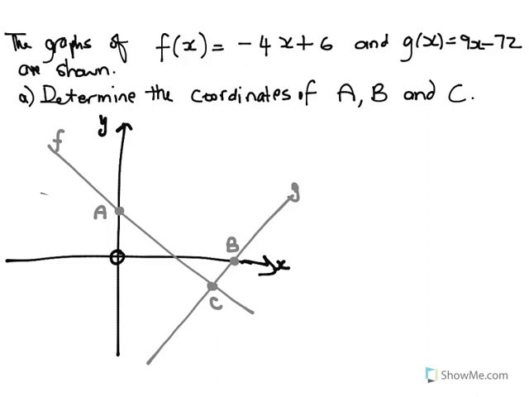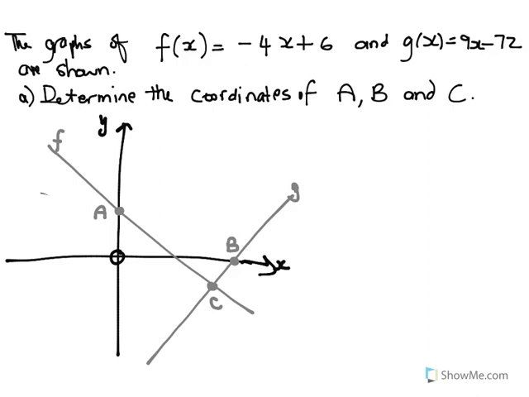And so you're asked to firstly determine the coordinates of A, B, and C. And this takes us back a bit to our section on functions. When you're asked to determine the coordinates of given points, you need to ask yourself what's so special about these points, right? So if you look at A, it is the y-intercept of f.